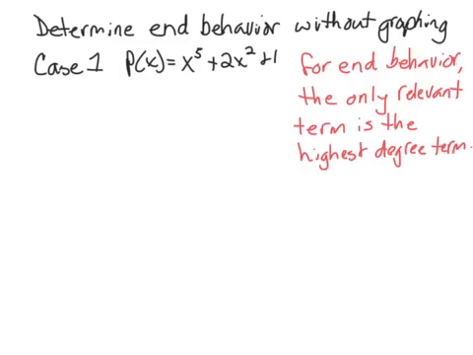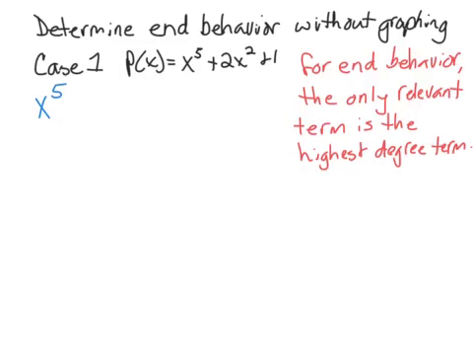So once we have that, we're going to look at x to the 5th. And the two things that affect end behavior are the sign of the term, whether it's positive or negative, and whether my exponent is even or odd. And that's it.